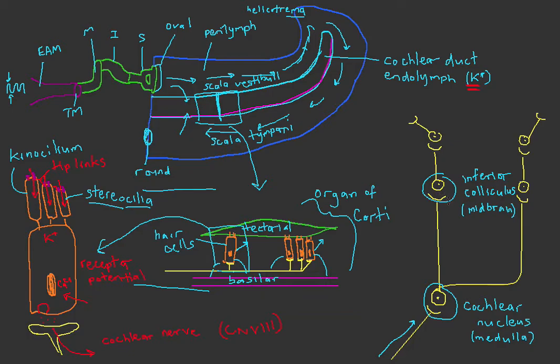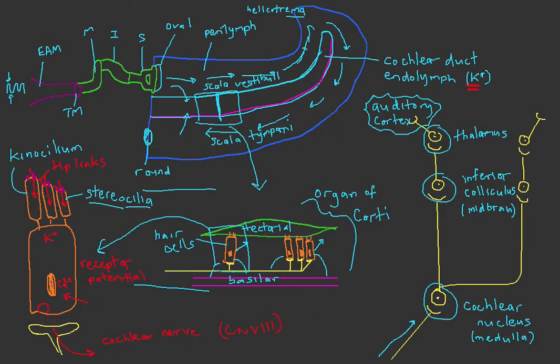So synapse is in the inferior colliculus, then this will go up to the thalamus, and then eventually we will get to the auditory cortex, which is located in the temporal lobe. Auditory cortex.